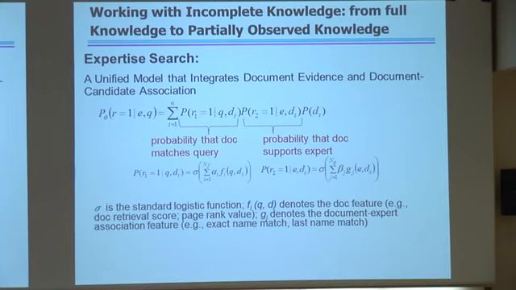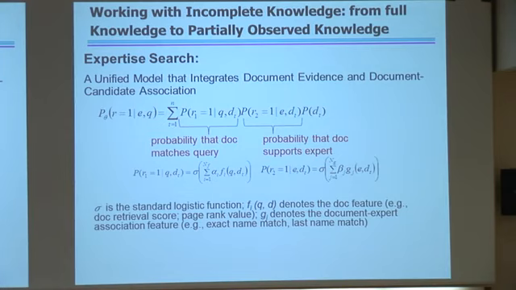But for these specific components, the document evidence part and the document expert association part, we can use different types of models. One simple example would be to utilize logistic regression, or let's say general exponential family models, for each component. And by doing that, we will be able to utilize different types of features. And here the advantage is we are not making any of these types of generation assumptions as in the generative models.